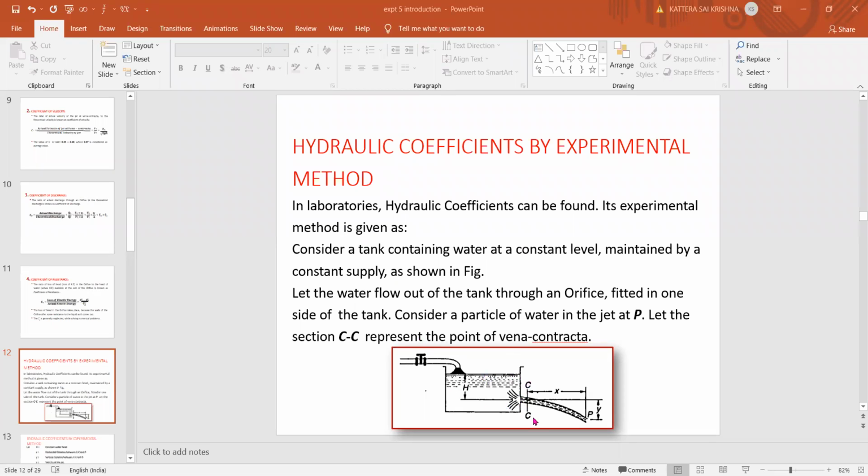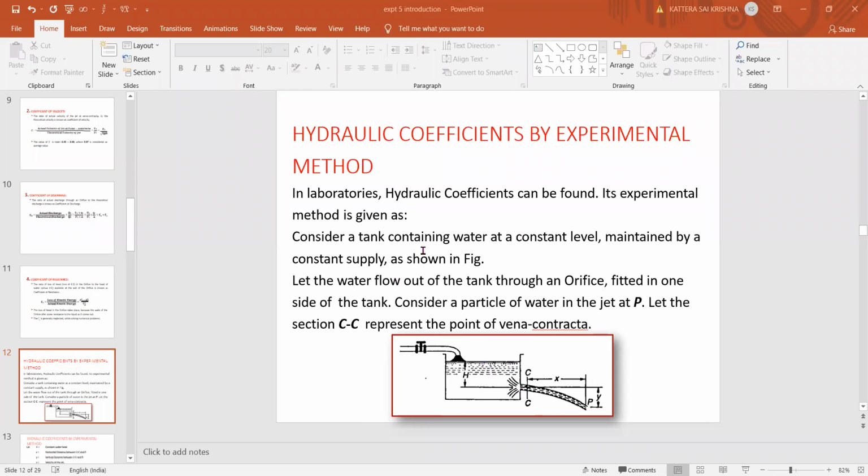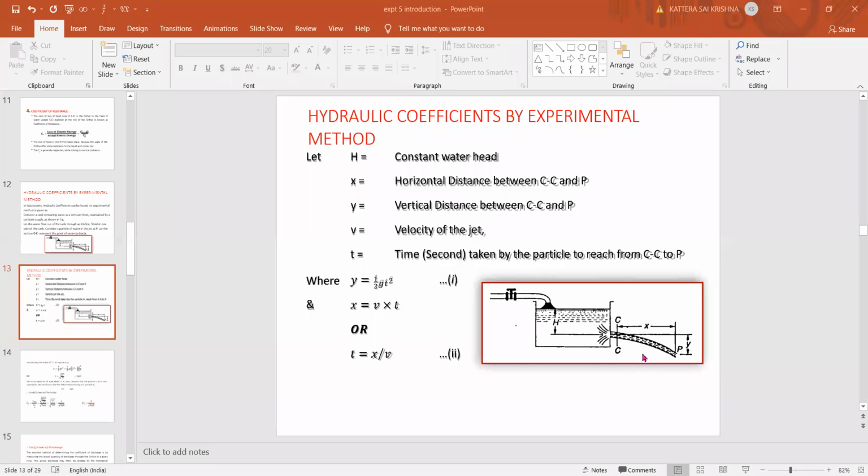This CC line represents the vena contracta's position. If you see the diagram, you can understand this is a head of water above your orifice, constant water head above the orifice.